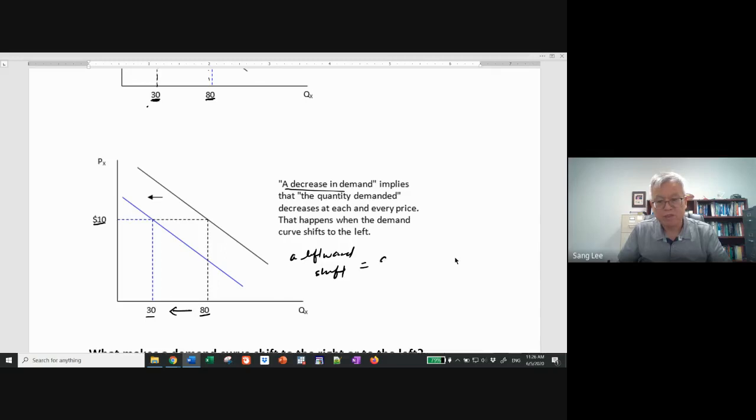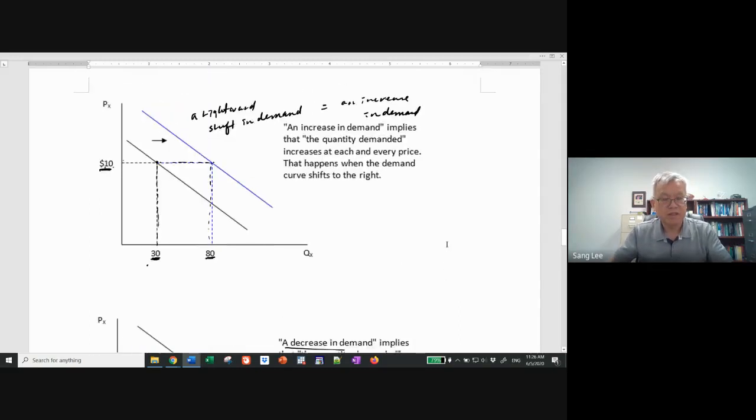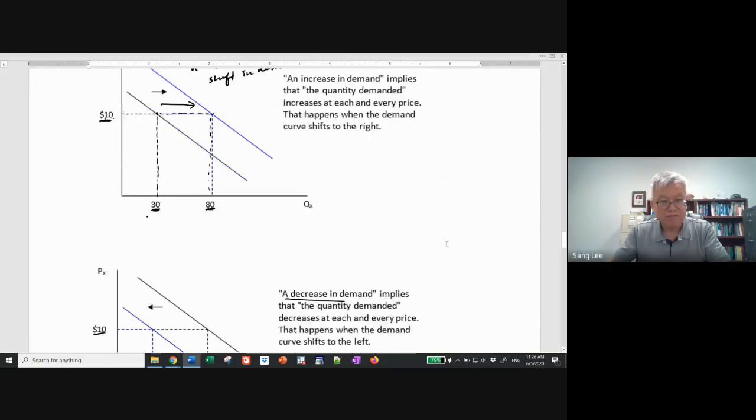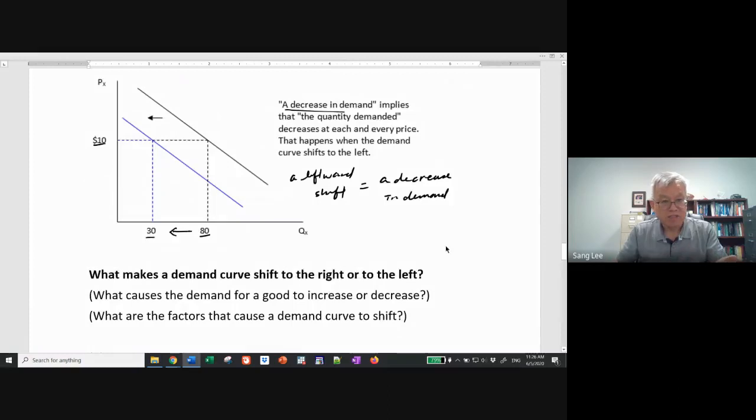So this means a decrease in demand. Again, on the top, even at the same price, for some reason, people buy more of a good than before. So price is not the cause of this change, something else. And on the bottom, same price, but now people buy a lot less than before.